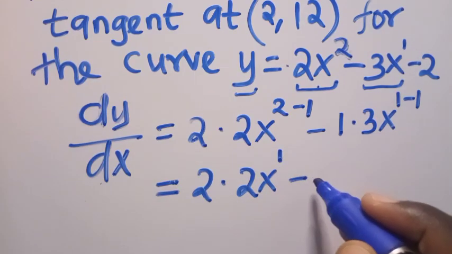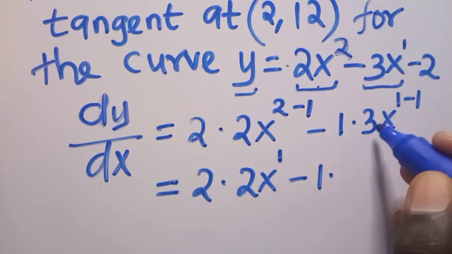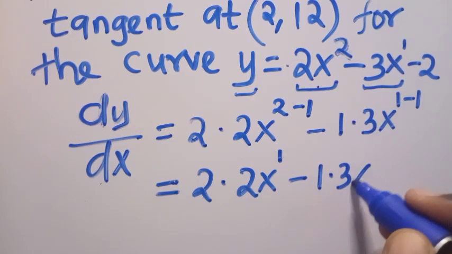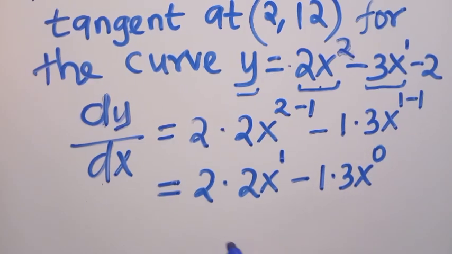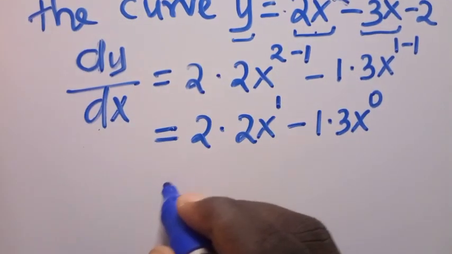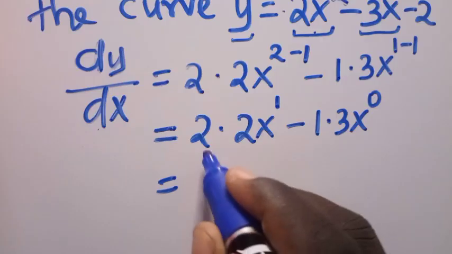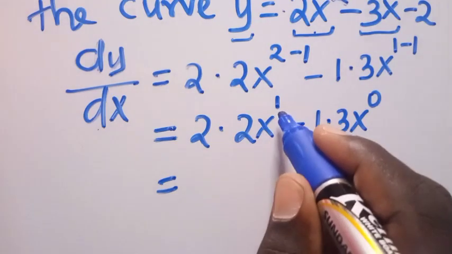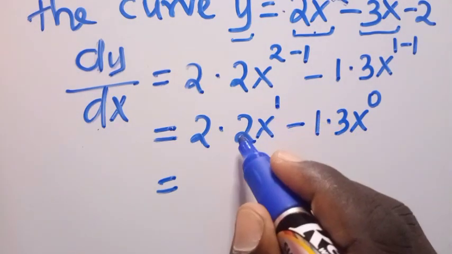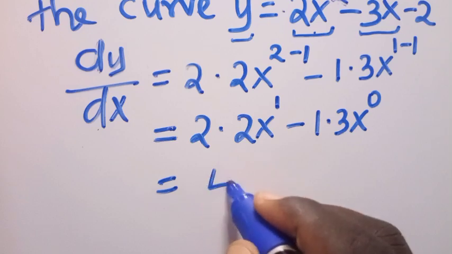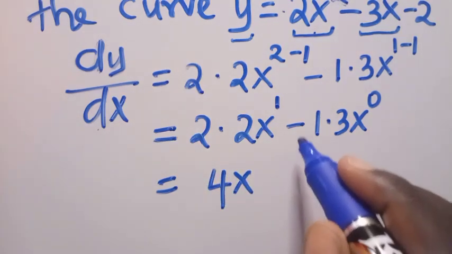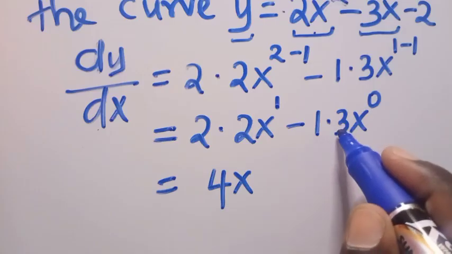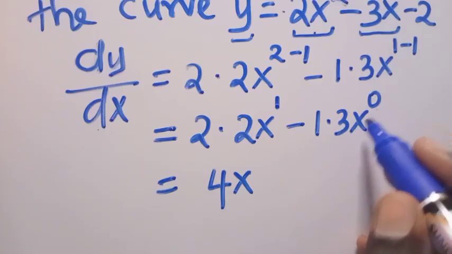Then minus 1 times 3x raised to 1 minus 1, which is 0. In this case, we shall have 2 times 2x raised to 1. 2x raised to 1 is just 2x, times 2 is 4x. Then 1 times 3x raised to 0.